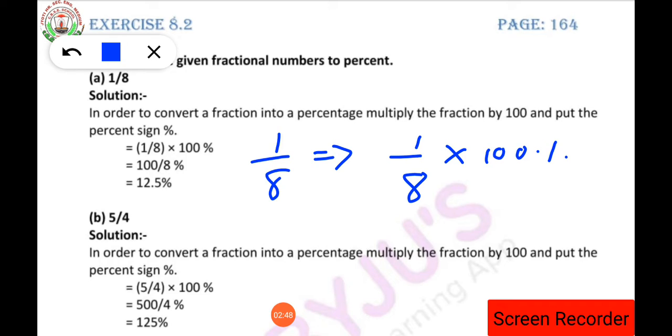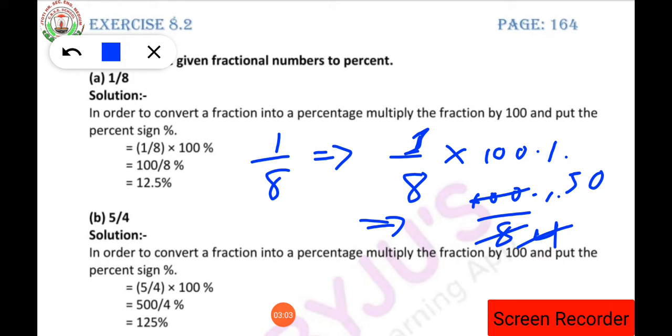Now it is very easy, isn't it? 1 will be multiplied with 100, it will be 100% upon 8. Now cancel it by the table of 2. Here it will be 4 and 10 comes 5, 0, 50, again can cancel, it will be 25. Now again 25 cancelled by the table of 2, that will be 12.5.